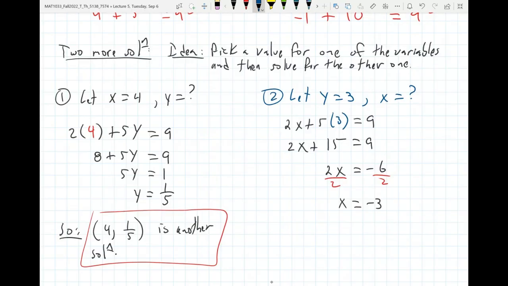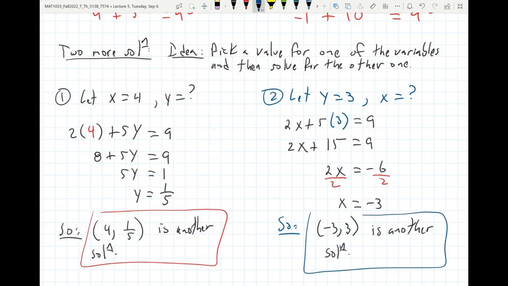Good. So -3, 3 is another solution. Remember, the first number is x, the second number is y. A common mistake is that sometimes you tend to switch this. You tell me 3, -3, that's a different story. -3, 3, that's a solution.